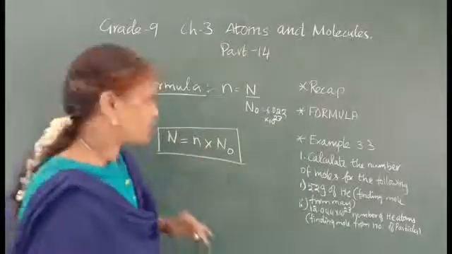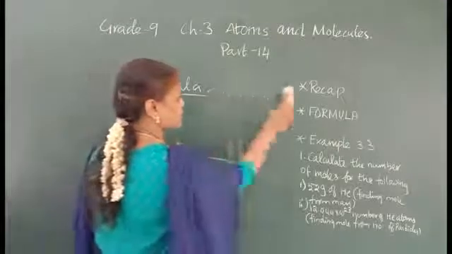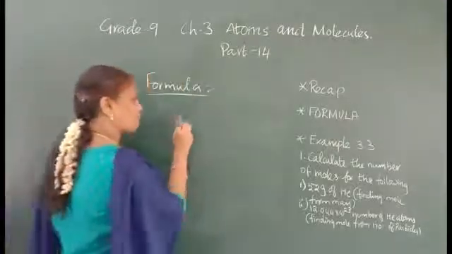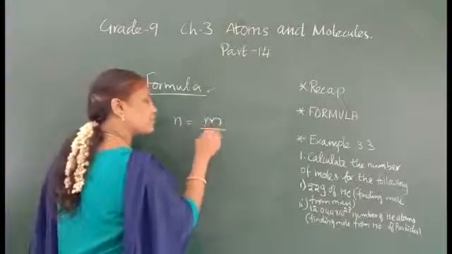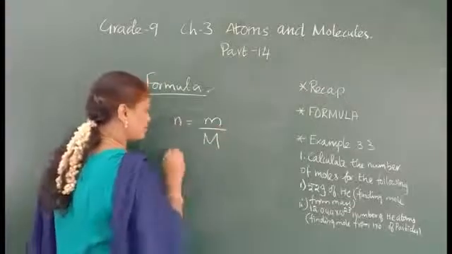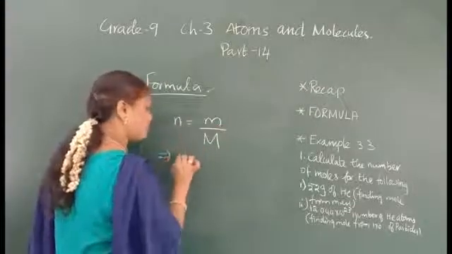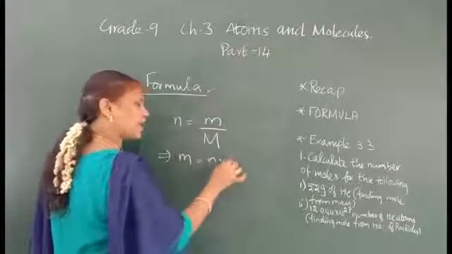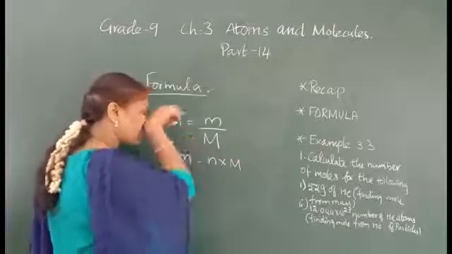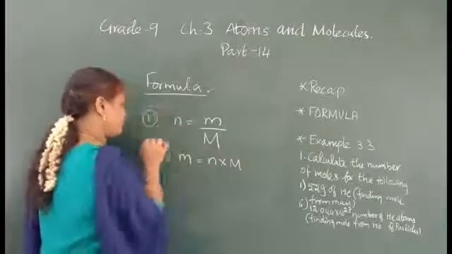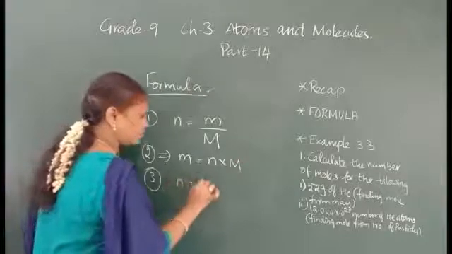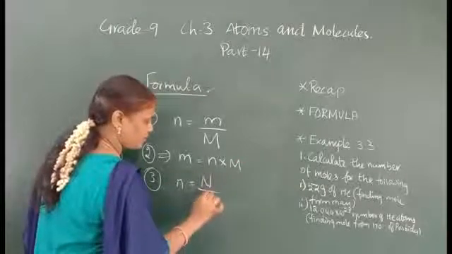What are the 4 formulas we have seen now? One is number of moles is equal to given mass by molar mass. If they ask the mass of the substance, if they have given the mole and molar mass, you have to find it. This is one formula. Third one we have seen, n equal to N by N naught.